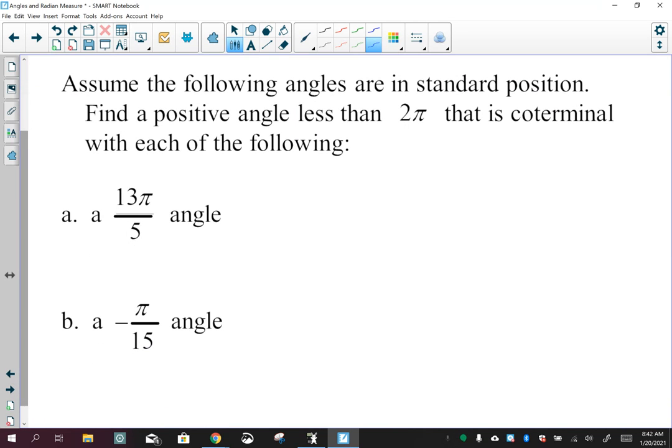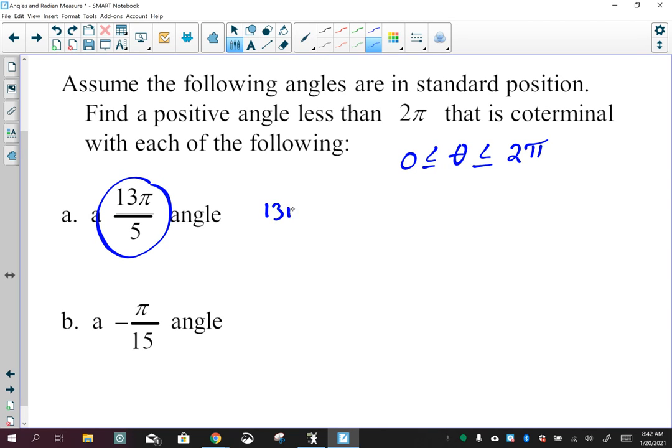When we talk about in terms of radians, again, we are going to be bounded in this piece here. The only difference is we have fractions we have to deal with. So that means we have to take this 2 pi here and make sure we represent it correctly in terms of fractions. So I've got 13 pi over 5 minus 2 pi.